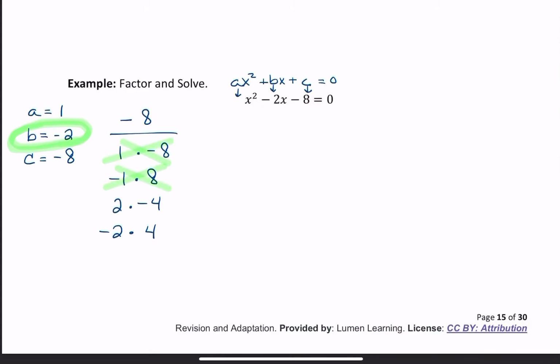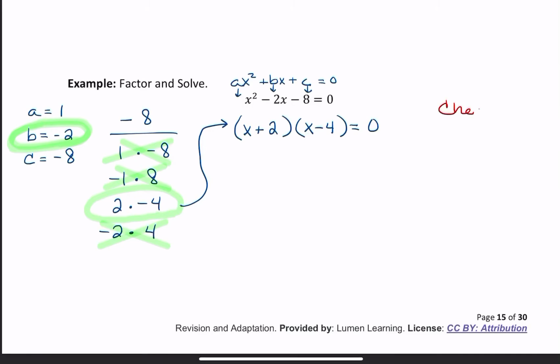This one does not. 2 plus -4 will give you -2, and then -2 plus 4 would give you a +2. So the one that's going to work for us is 2 times -4. That'll give us our -8, and if we add them, that'll give us our -2. So we're going to use that to write linear factors. We've got x plus 2 because 2 is positive, and x minus 4 because 4 is negative. Those are our two linear factors.